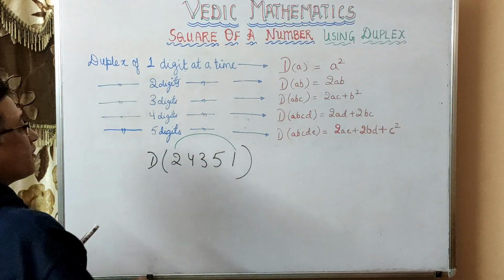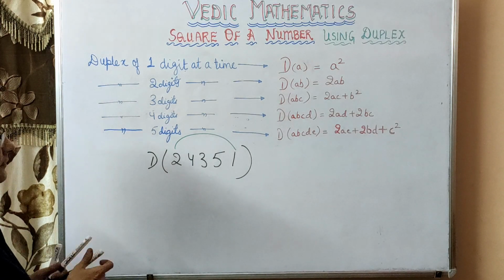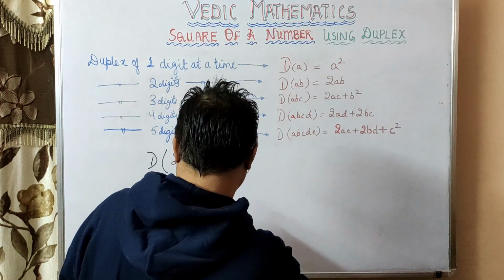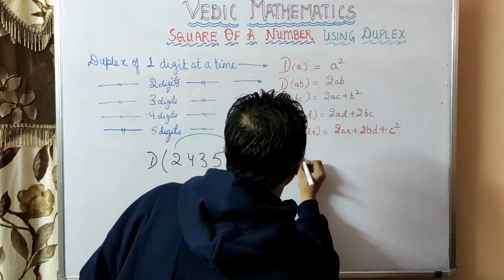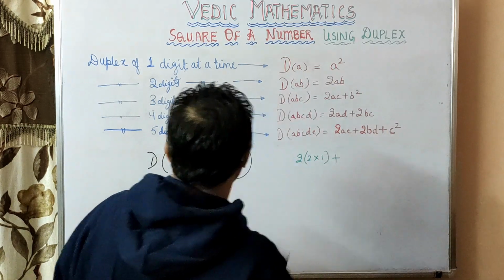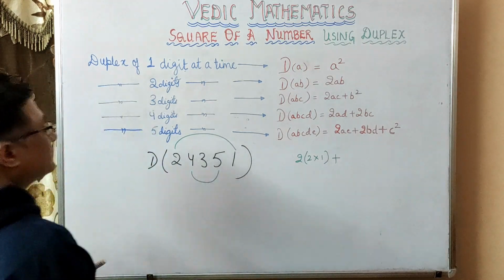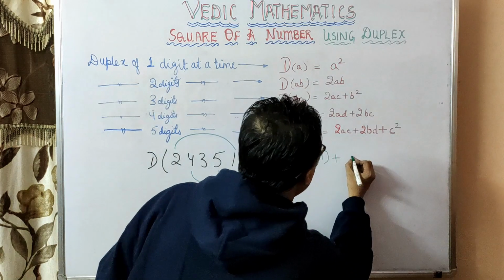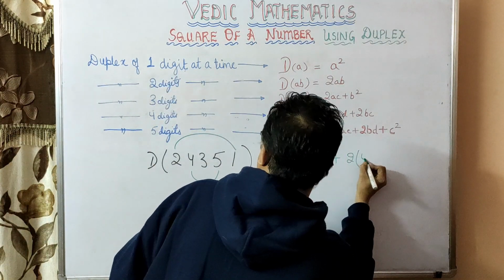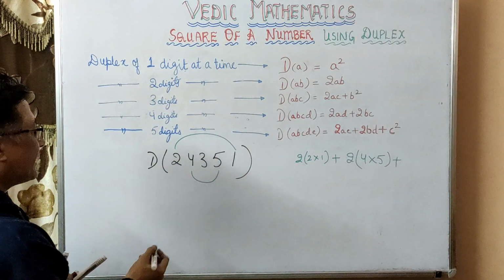Twice of their product, twice of 2 multiplied by 1, plus. Now again there are 2 numbers, so twice of 4 multiplied by 5, plus. Now what happens?